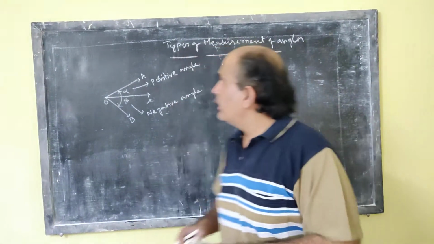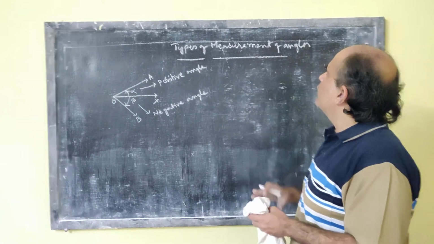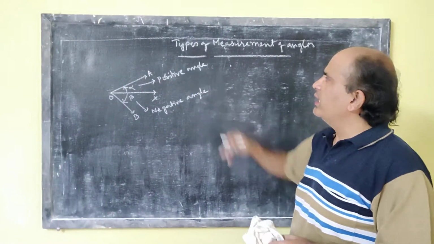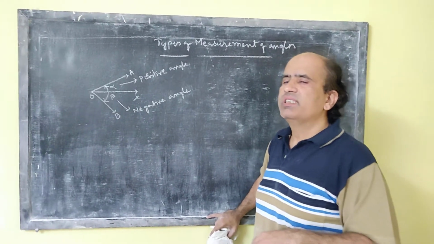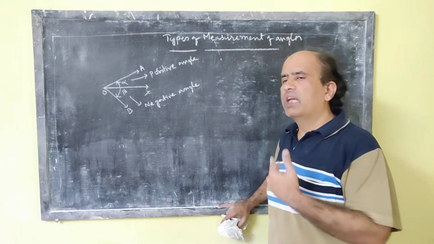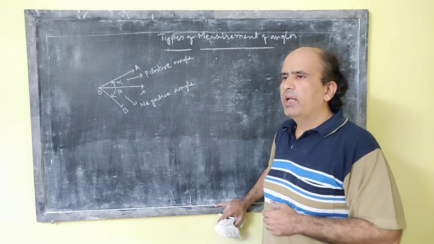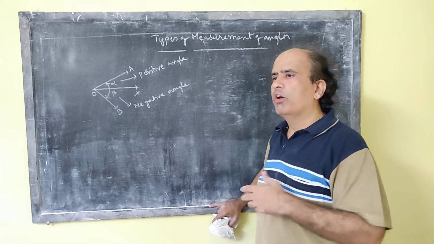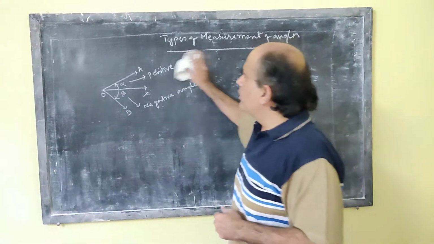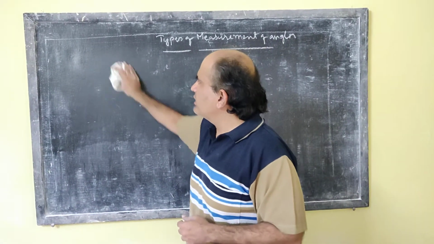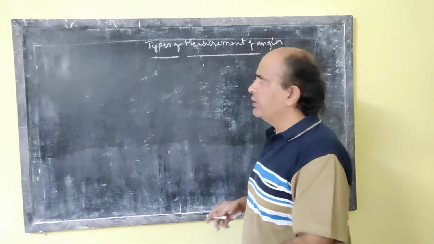Now, let us talk about the types of measurement of angle. When I say positive angle and negative angle, we have different systems in which angles can be measured. It can be a British system or French system or Indian system. Now, let us understand the types of measurement.